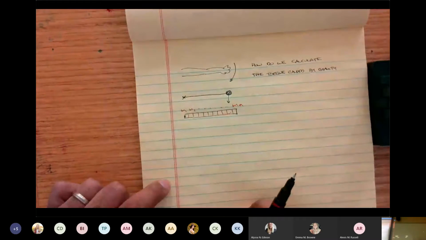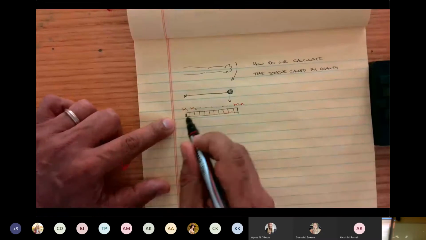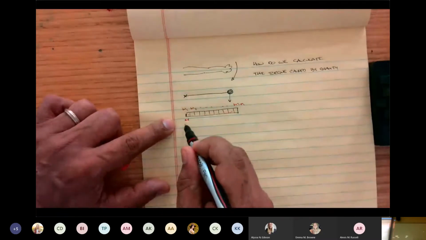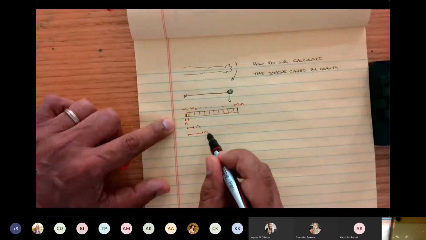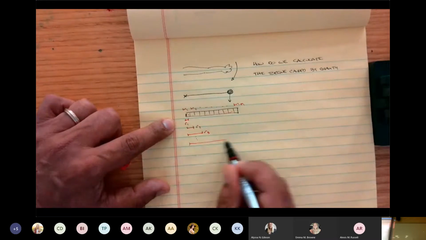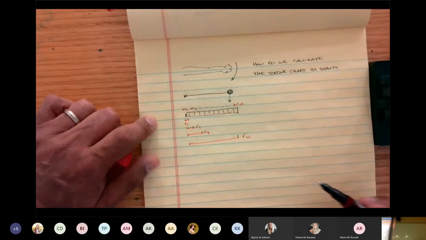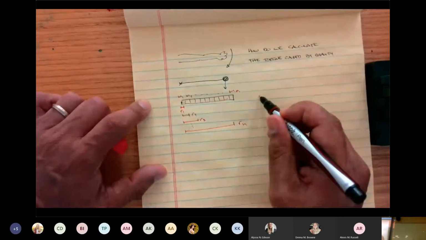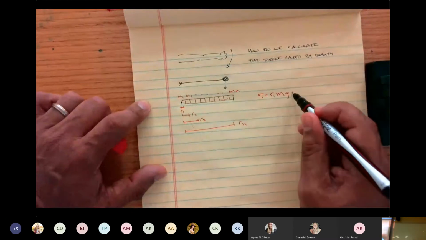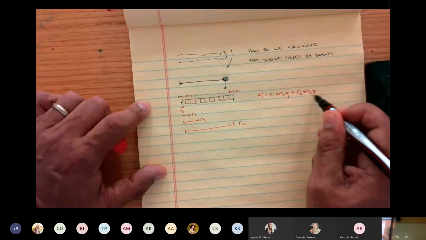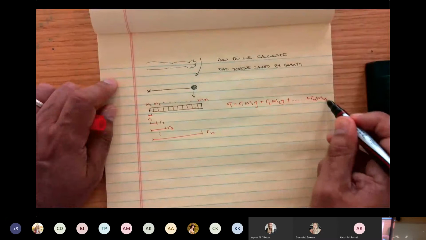So for each one of these segments, I'm going to have an R1, a distance from the center of this to my pivot point. So I'm going to have an R1, an R2, an R3, all the way to an Rn. And then to calculate the torque, it will be R1 times M1 times gravity plus R2, M2 times gravity, all the way to Rn, Mn times gravity.